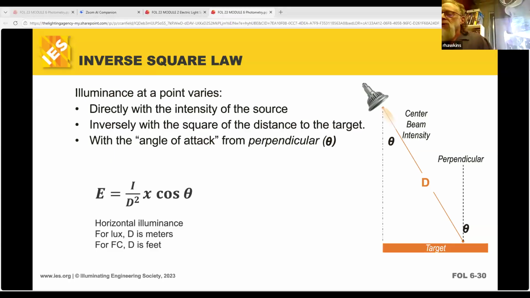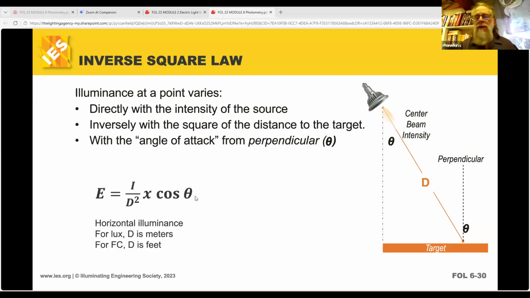All right, you guys should be seeing this very important thing right here. E equals I over D squared times the cosine of theta. This is hugely important. I keep saying that.